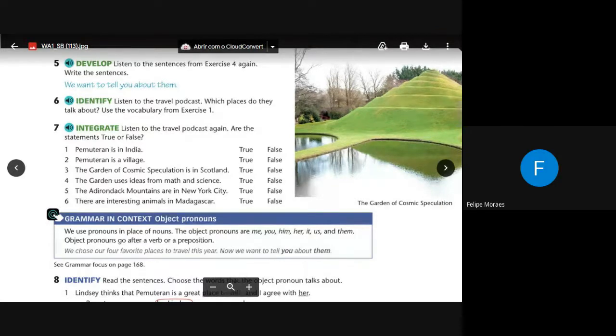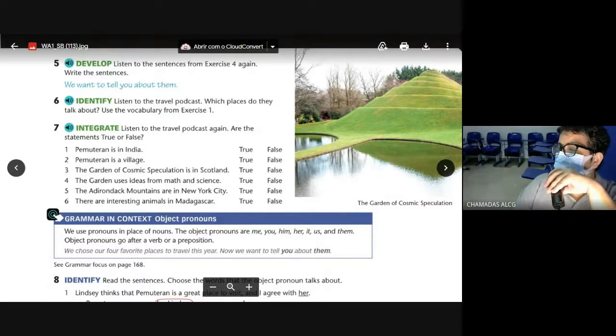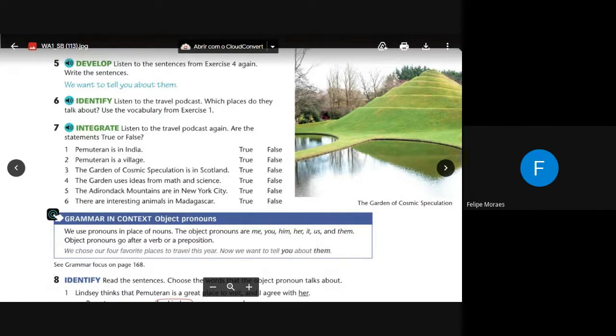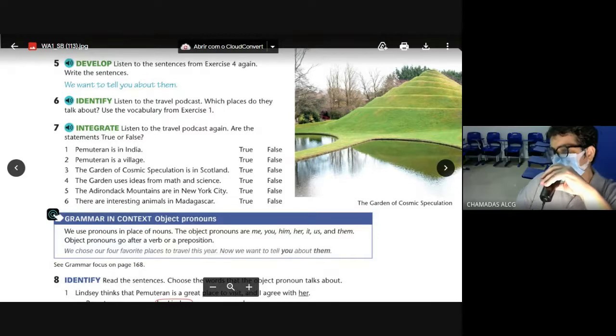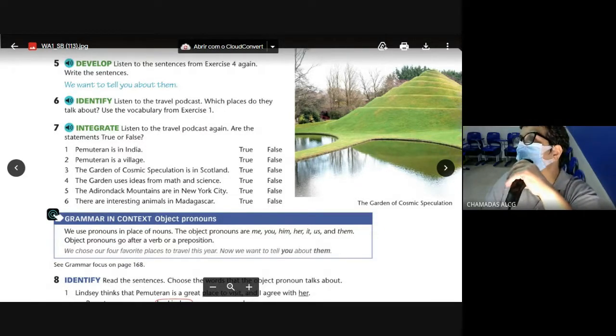Teacher, I'm sorry, but I think I cannot. I think it changes a little bit and doesn't present the audio. Oh, yes? I think, but let me check this with my book here. Okay, no problem. Let me see.